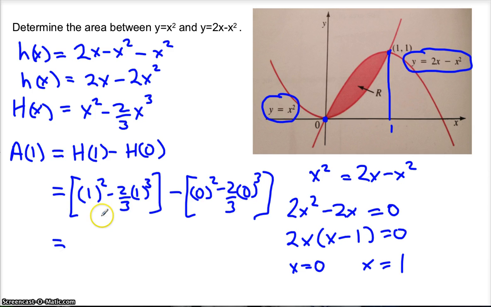Okay, so let's work this out. 1 squared is 1. 1 cubed is 1. 2/3 of that is 2/3. And this is 0. So we're left with 1 minus 2/3, which is exactly equal to 1/3.